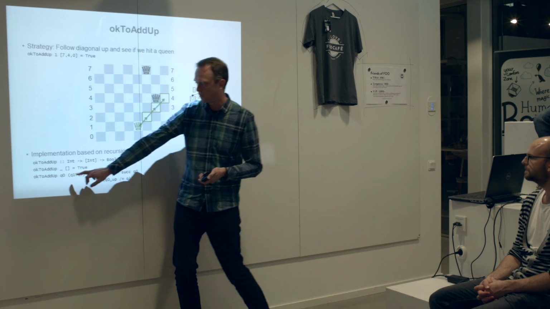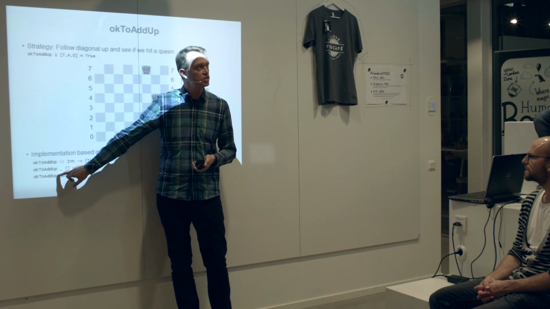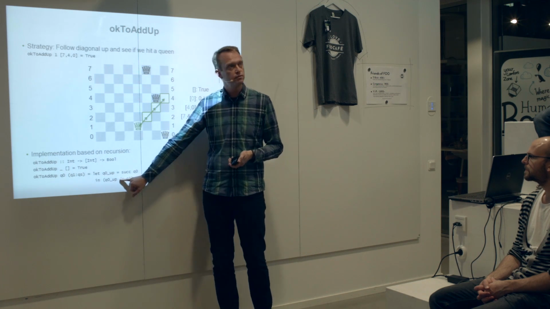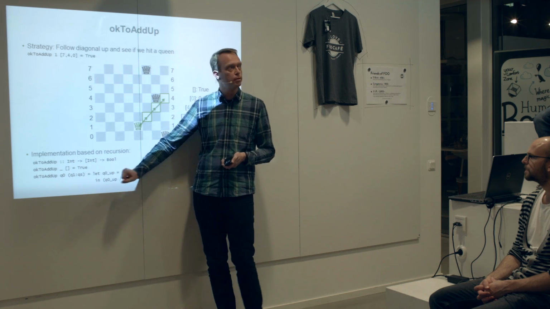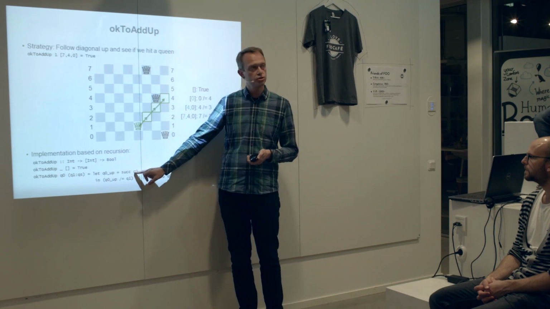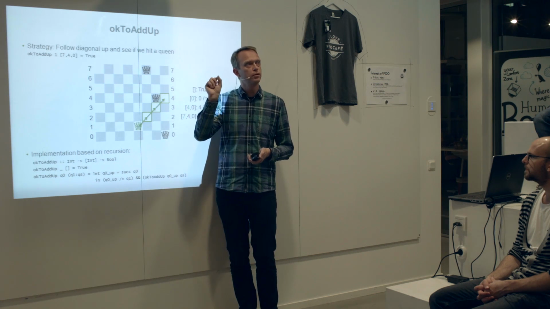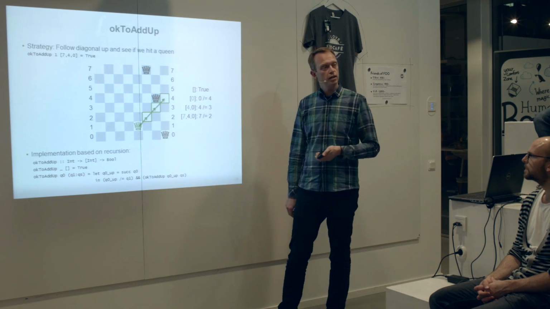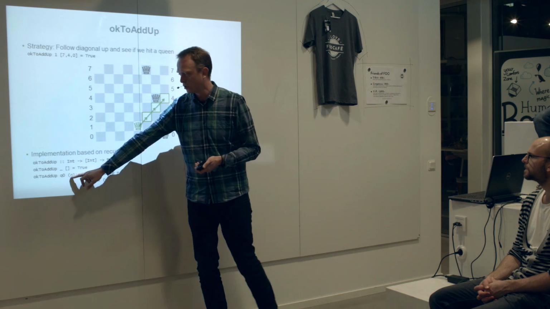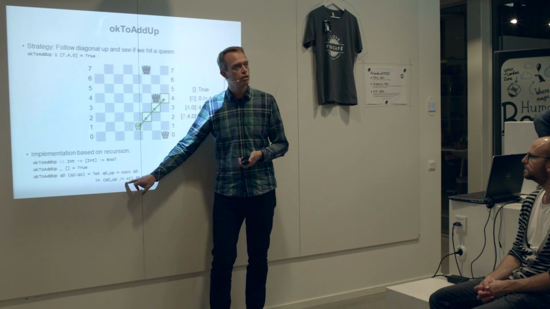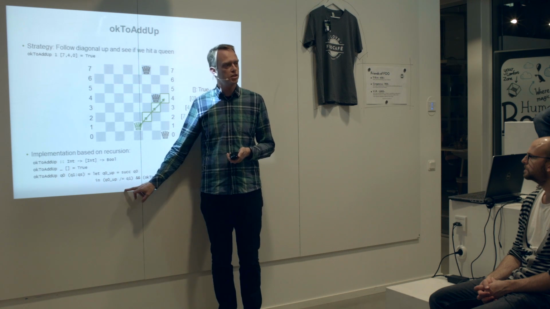And I want to see if this now will match this one after I move up to the right. So I define this value here. Let Q0 up be equal to the successor of its current position, which will be 1 step up. And then I can just compare these 2. I move up to the right now, so do these 2 match? They have to differ, otherwise I hit a queen.